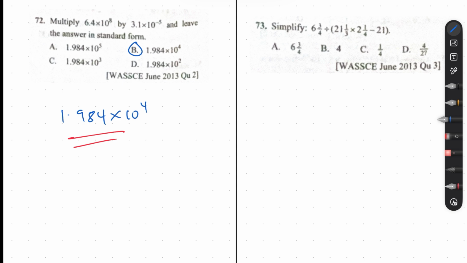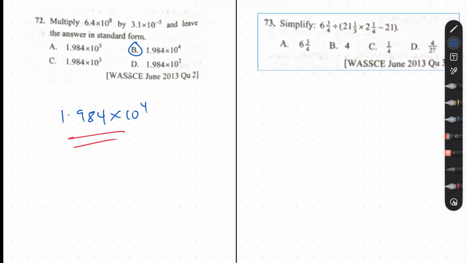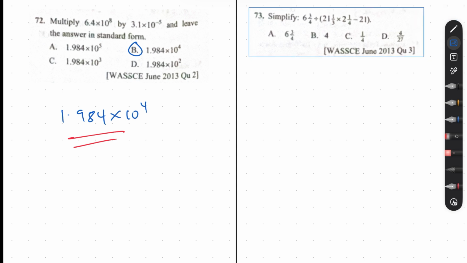It says, simplify this expression. As usual, just put it in your calculator and you would be done. But here we are going to solve it step by step so you can see how it's done. Cool. As usual, we change our mixed fractions into improper fractions, so we can work with them. So now we have 4 by 6, that will give us 24 plus 3 is 27.